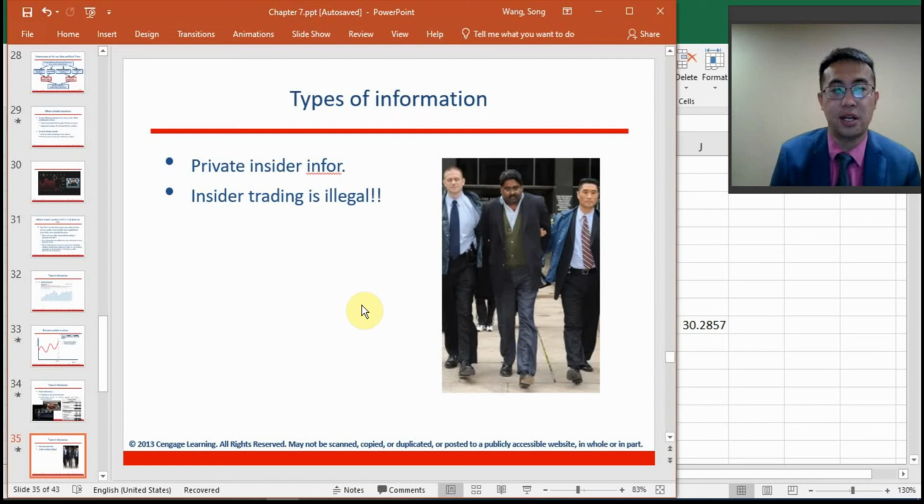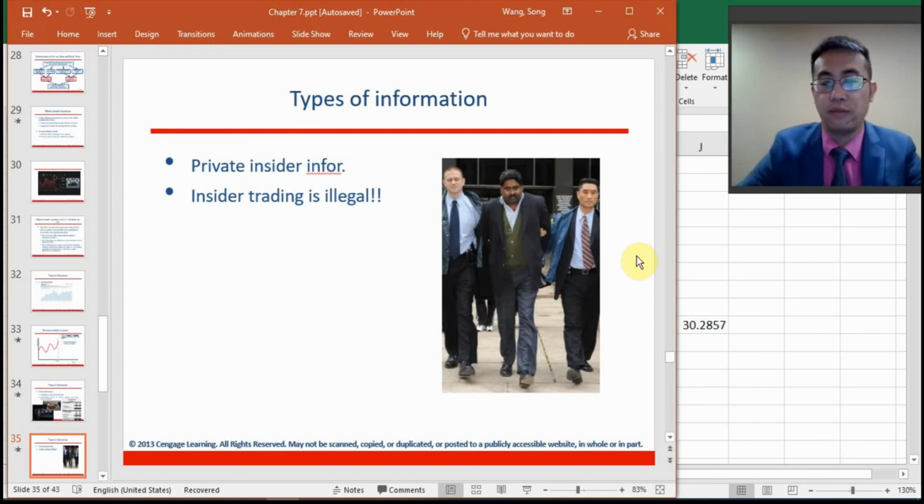However, insider trading is illegal. If you conduct insider trading, then you will violate the law and you could be arrested for that. This person is Mr. Rajaratnam. He was the head of a hedge fund called Galleon hedge fund, and he conducted a lot of insider trading at that time.